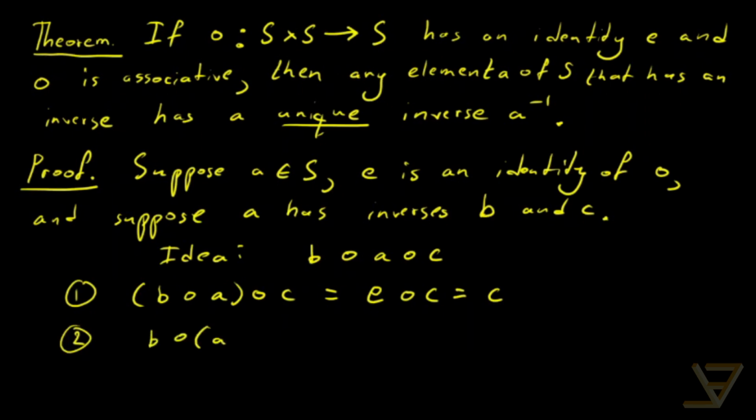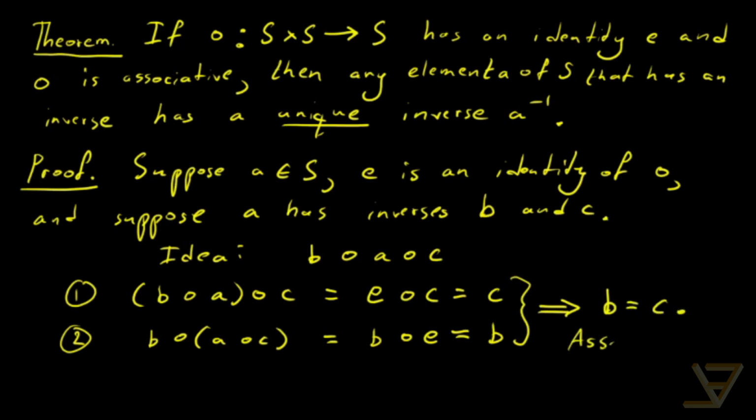B over A over C, that's equal to B over A over C with A over C first, which is B over E, and that's because C is a right inverse of A, so A over C is equal to E, and that's just equal to B. And when we combine these, we get that B equals C due to associativity. So that completes the proof.